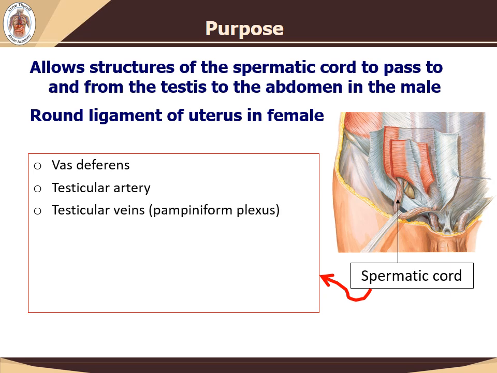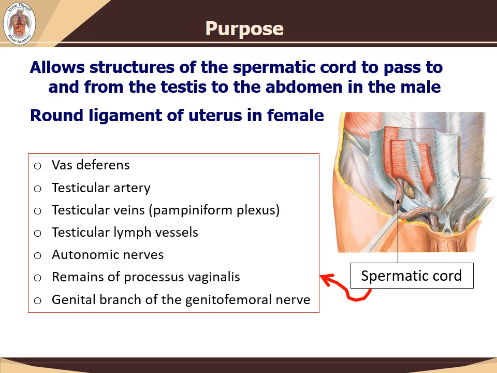First, the testicular artery, pampiniform plexus becoming the testicular vein, testicular lymphatic vessels, autonomic nerve plexus, remains of the embryological processus vaginalis, which is an embryological structure, and the genital branch of the genitofemoral nerve.